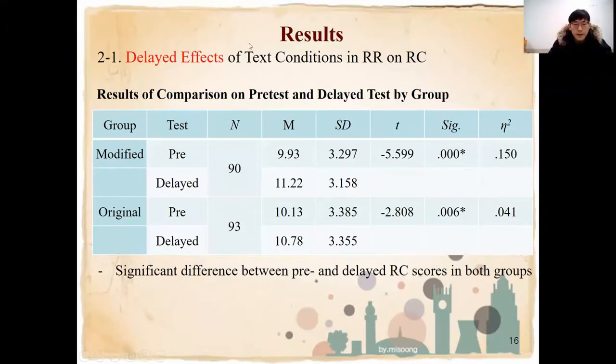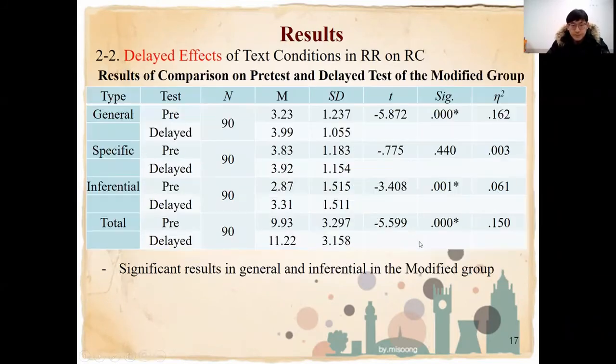Now, for delayed effects, the results of pre-test and delayed tests were compared through a paired sample t-test. So results are here. In both groups, significant improvements were made. So here, showing a large effect size, and here, showing a small to medium effect size. More specifically, the modified group showed these results.